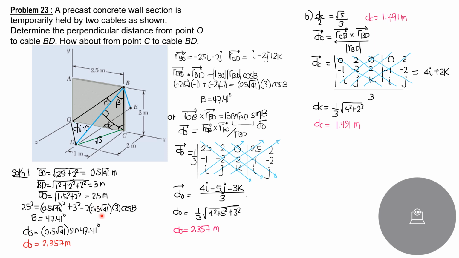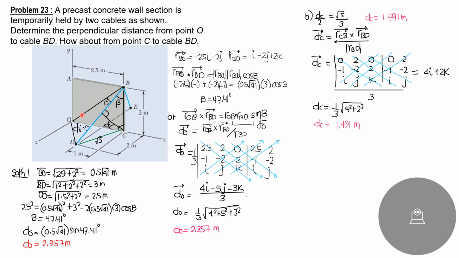Then applying cosine law to solve for angle B. So opposite side OD, or DO square, is equal to BO, which is quantity 0.5 square root of 41 square plus BD square, 3 square, minus 2 times product of adjacent sides, then cosine of B. So B is 47.41 degrees.